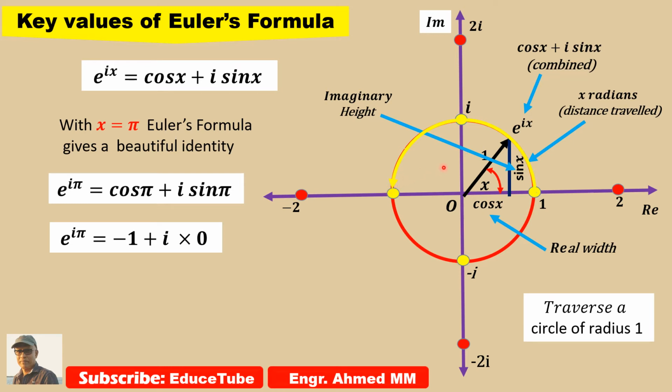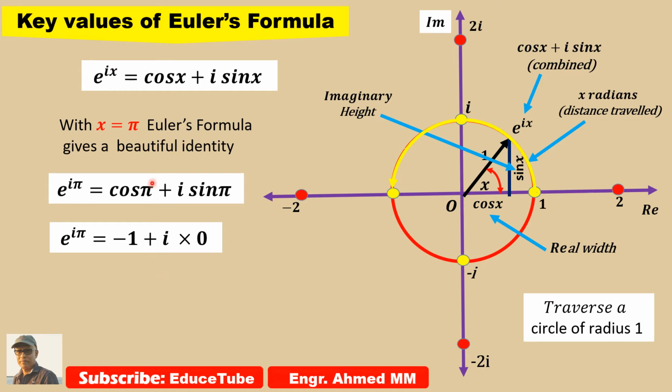As I told, pi units means pi radians around the circle. And e to the power i pi, already if I put pi here, e to the power i pi, it means starting at 1 and rotating pi to get what? We'll see the result.